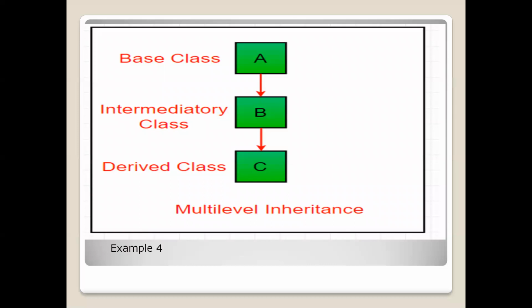Here you can see there will be a base class, that is, let us consider class A as your grandfather. Some other intermediate class, let us consider class B as your father, and derived class, consider class C as you.